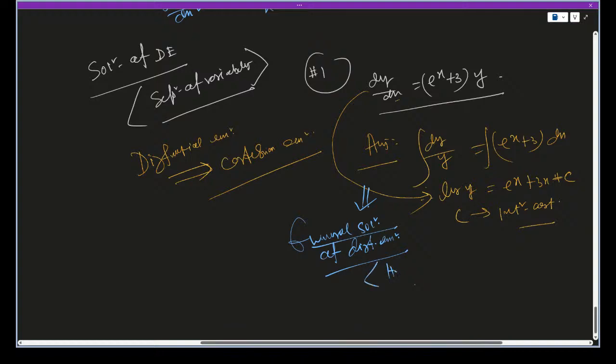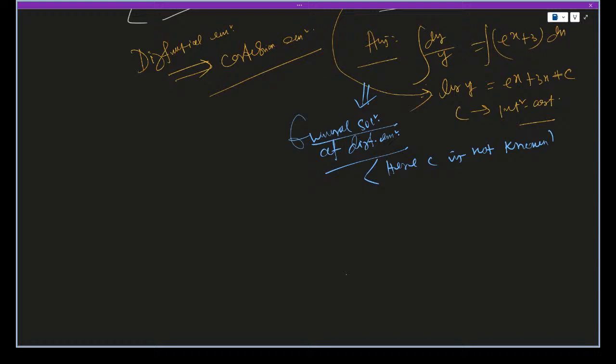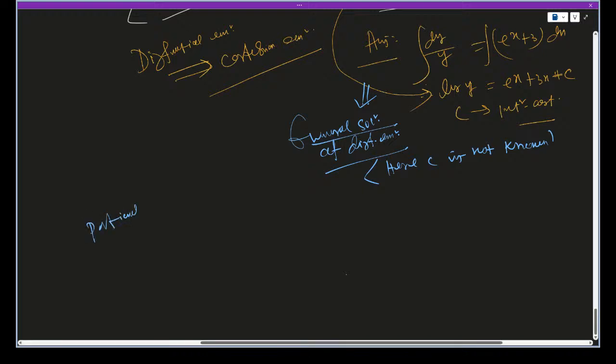So here c is not known. And when c is known, its value can be determined, then it is called particular solution. I am just writing one sum to get the particular solution here.